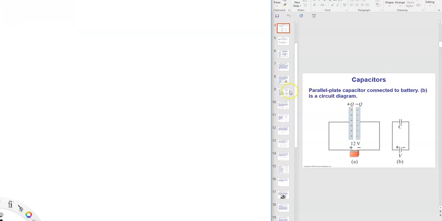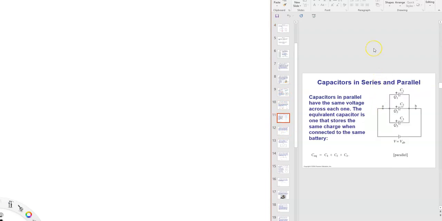Let's go to the next slide. Capacitors, series and parallel. We're going to start with the parallel combination. Let's see how to understand what's going on here.